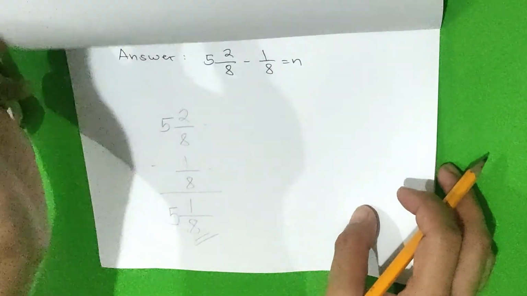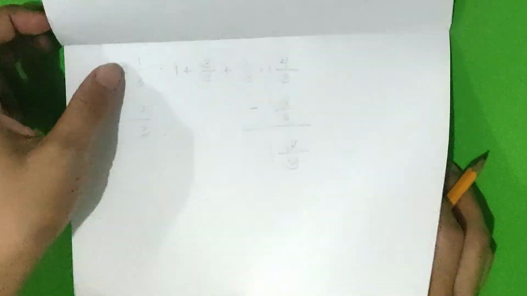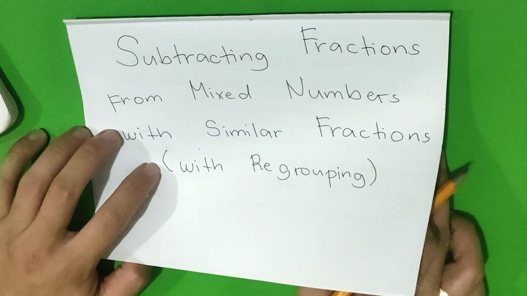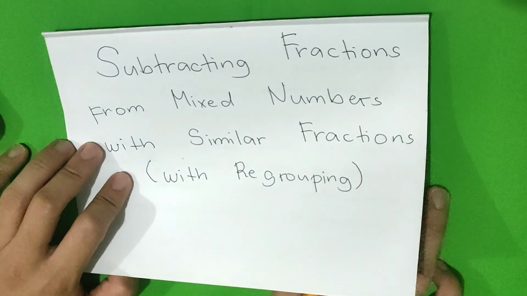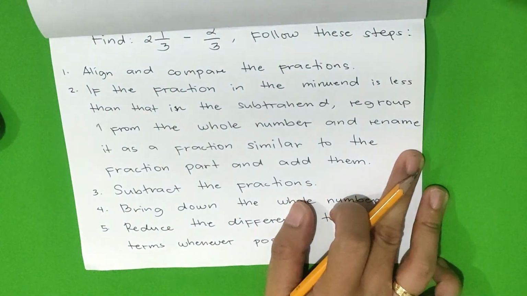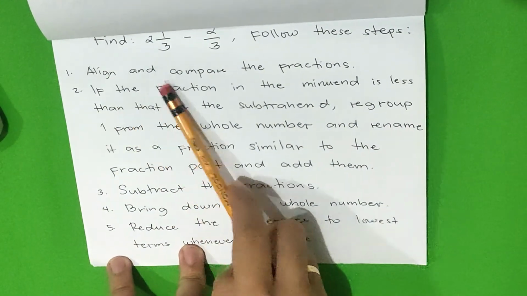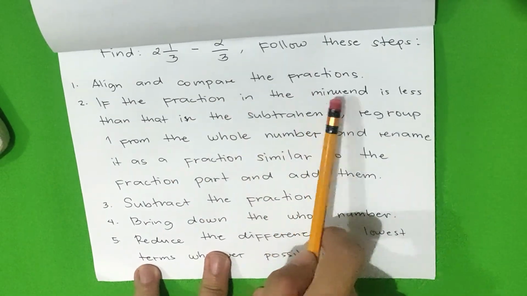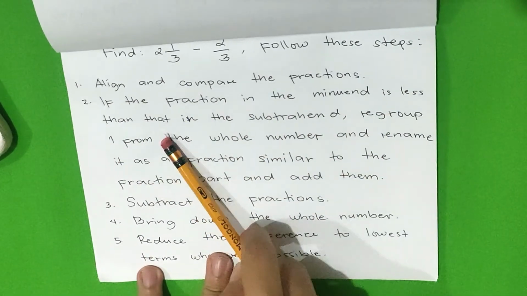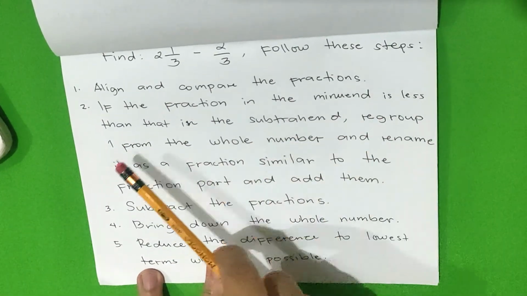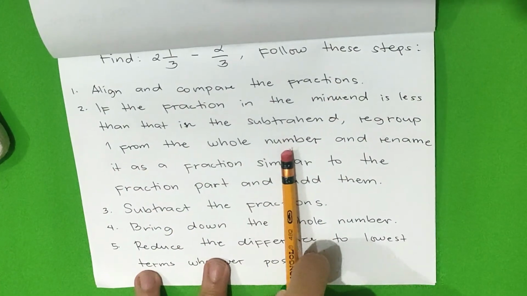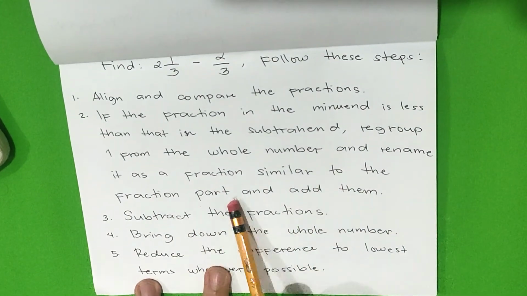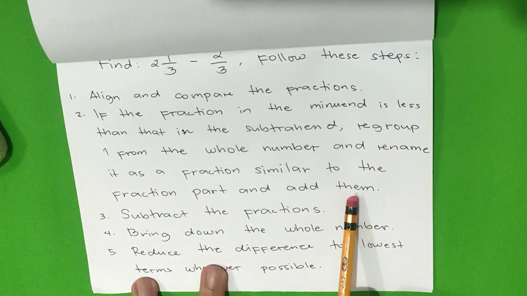So remember, when we subtract fractions from mixed numbers with similar fractions with regrouping, these are the steps. Align and compare the fractions. If the fraction in the minuend is less than that in the subtrahend, regroup 1 from the whole number and rename it as a fraction similar to the fraction part and add them.